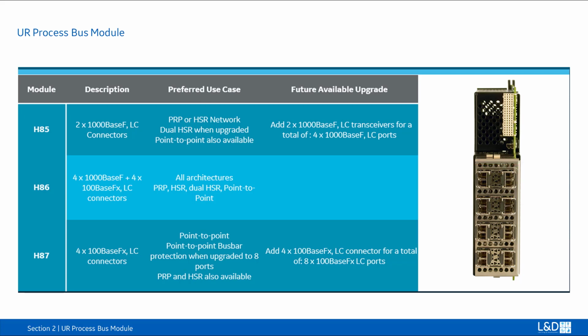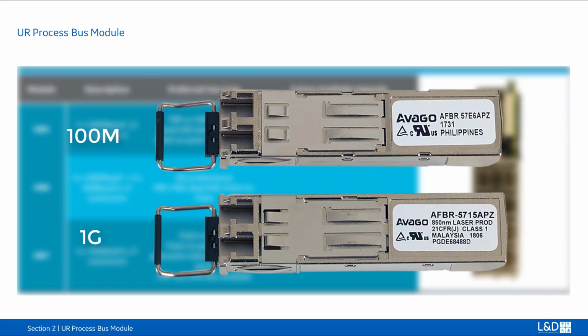The H86 module has 4 1 gigabit ports, 1A, 1B, 3A, 3B, and 4 100 megabit ports, 2A, 2B, 4A, 4B. The H87 module has 4 100 megabit ports, 1A, 1B, 2A, 2B. All the ports use SFP, small form factor pluggable transceivers, with SC connector.